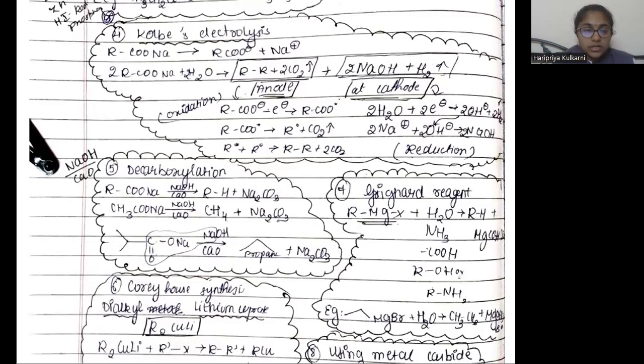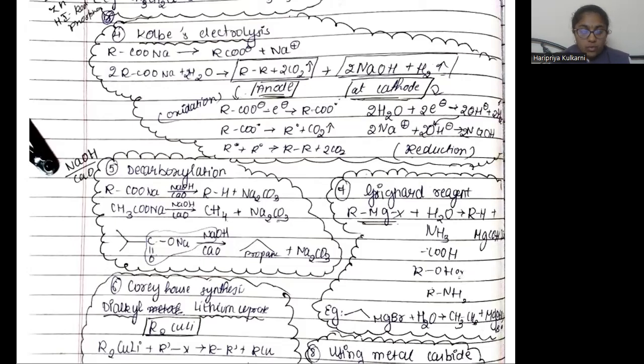So 2 moles of RCOONa reacting with 2 moles of H2O, we'll get R-R, that is our alkane, plus 2 moles of CO2, and this is obtained at the anode. But at the cathode we'll get 2 moles of NaOH plus H2 in gaseous form, that is emission, so we are putting that arrow upwards.